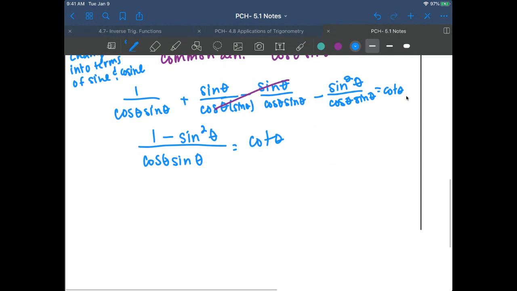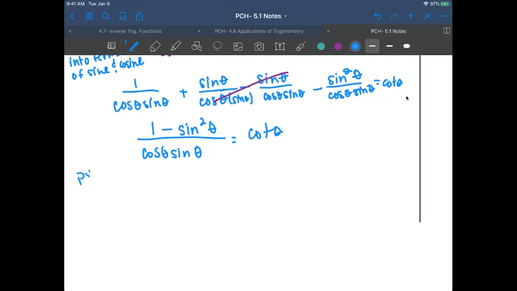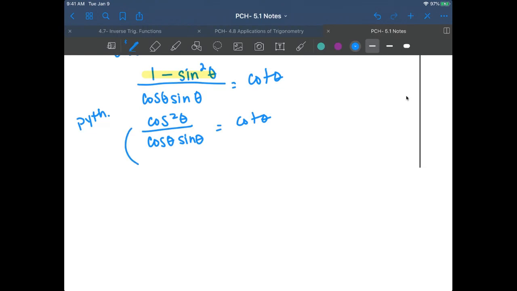We're almost there. Now I'm going to use Pythagorean identities to evaluate 1 minus sine squared theta as cosine squared theta over cosine theta sine theta is equal to cotangent theta. We're even closer. Okay, I'm going to split this cosine squared theta apart as cosine theta times cosine theta over cosine theta sine theta is equal to cotangent theta.